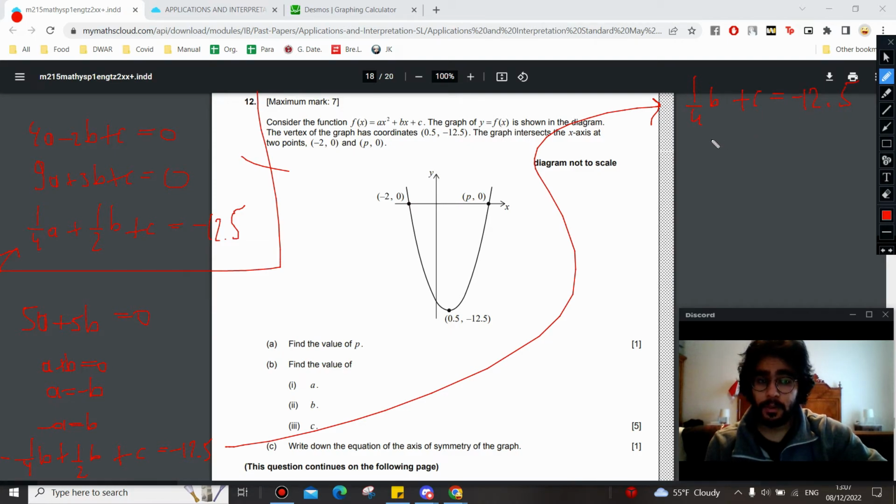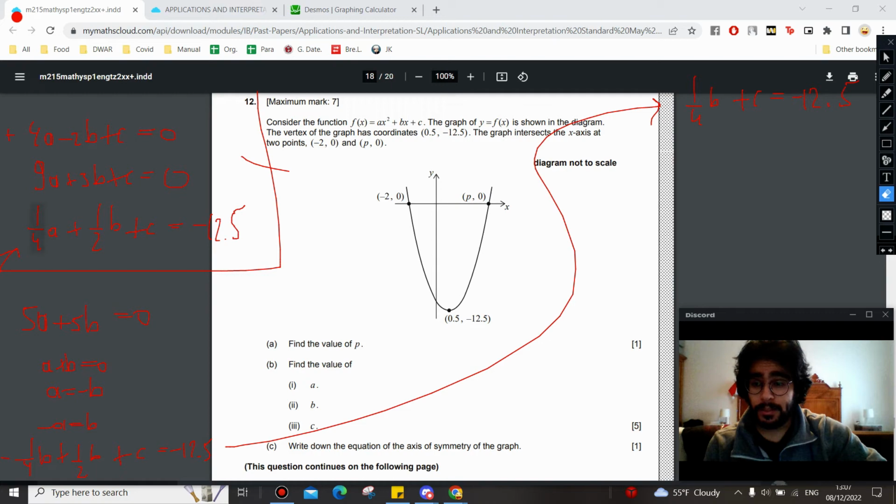Okay, what else can I do here? Well, I can subtract these two. I can subtract the first one from the third one. But in order to do that, I'm just going to multiply this final equation by 4, because these 1 over 4s and 1 over 2s, I don't like them.